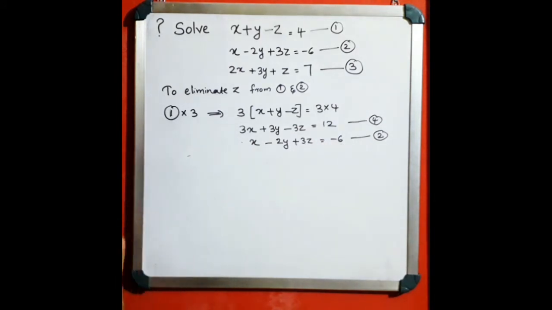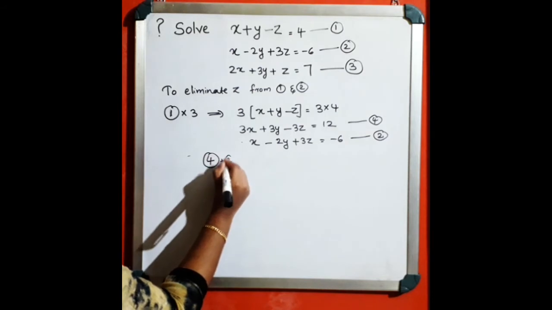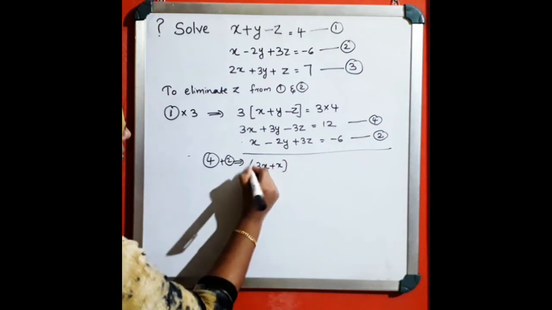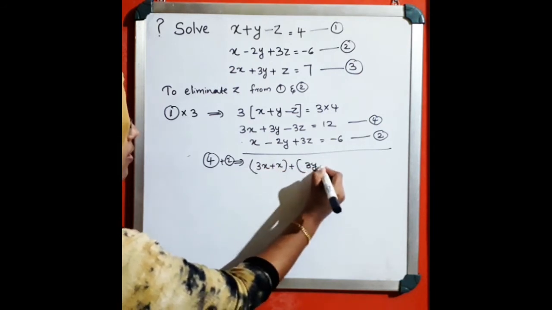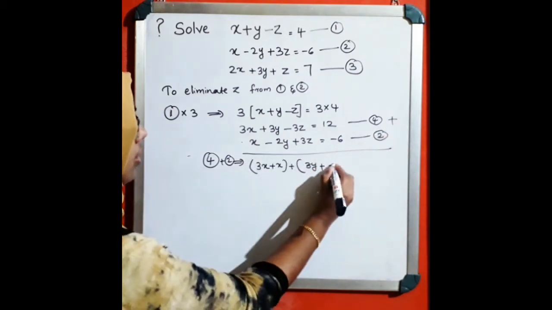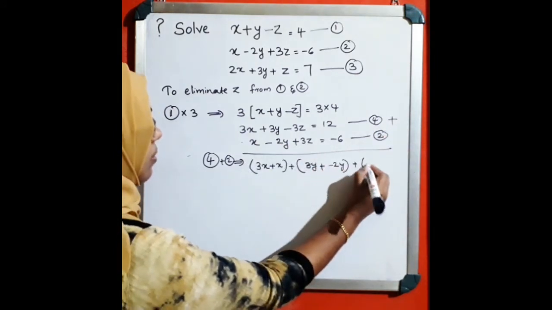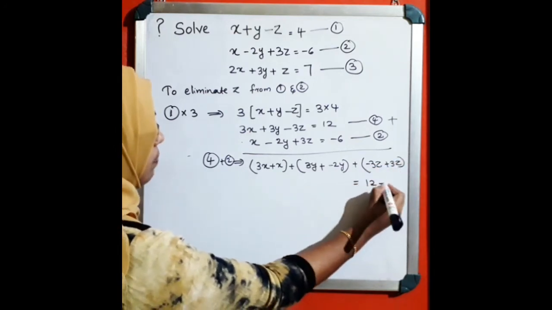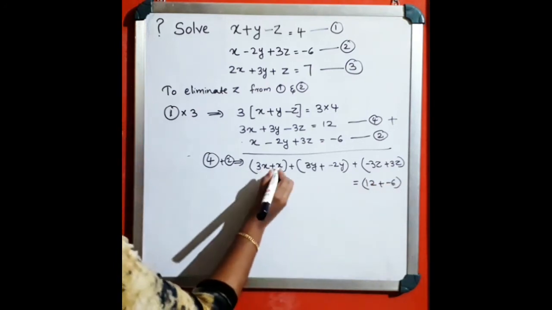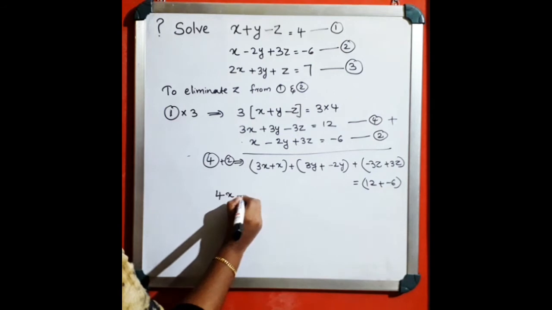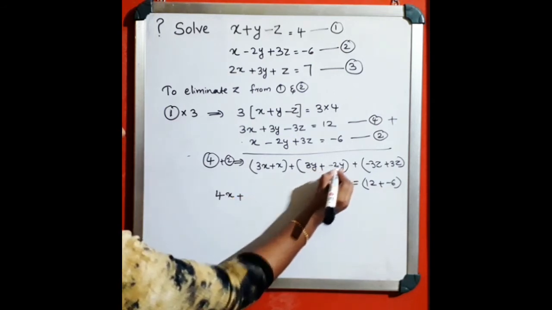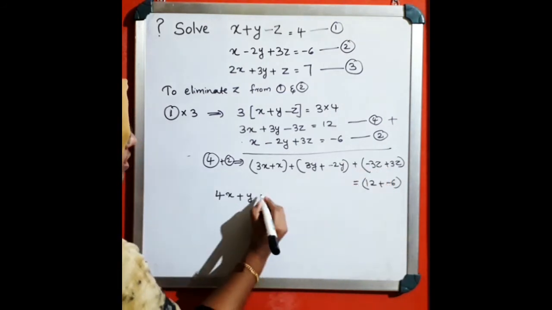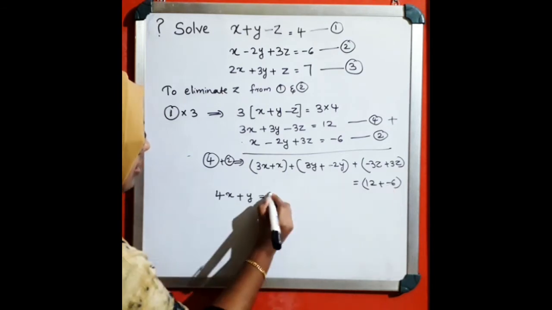So it becomes equation 4 plus 2 implies 3x plus x plus 3y plus minus 2y plus minus 3z plus 3z equal to 12 plus minus 6. 3x plus x is 4x, 3y minus 2y is y, minus 3z plus 3z is 0 and 12 minus 6 is 6.